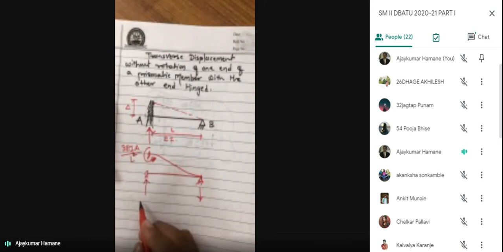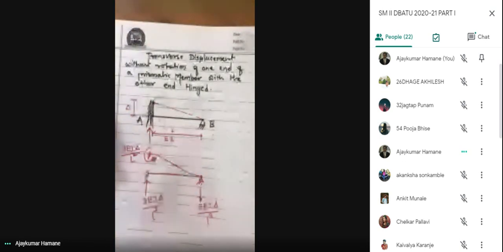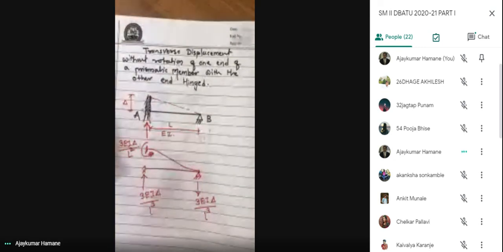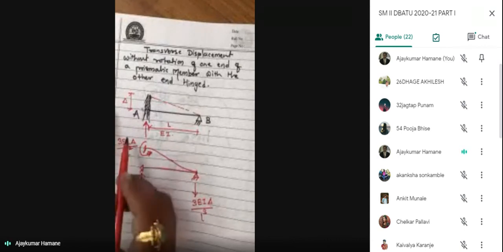And this reaction will be M by L, 3 EI delta upon L cube. Okay. So remember this diagram.